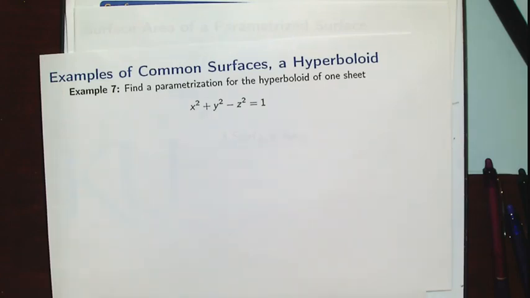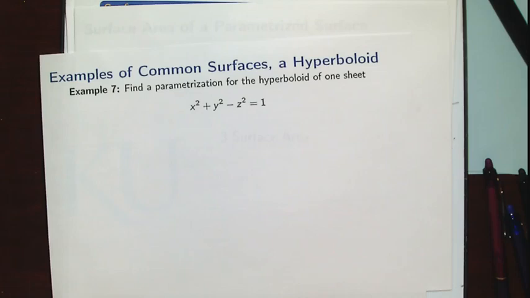What I want to do next is tell you how to go from parametrization to surface area. Can you guess what happens in surface area? You have a small area in the parameter space, and then it morphs to the surface the same way it did in transformations. So what do you need? You need G sub u and G sub v.